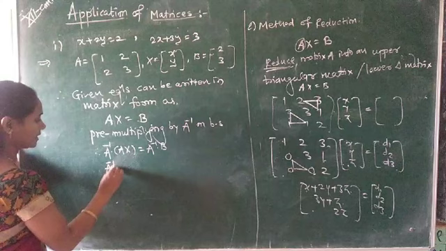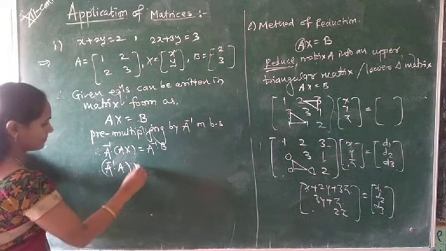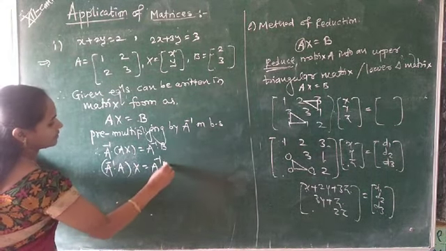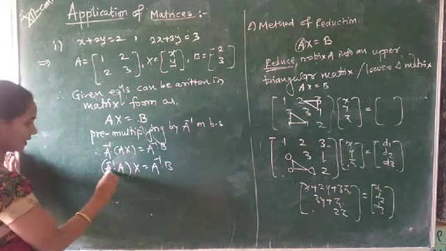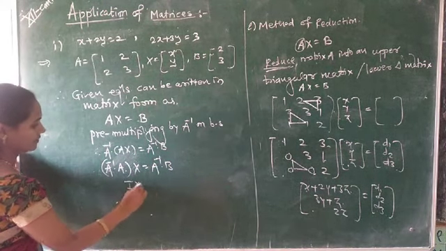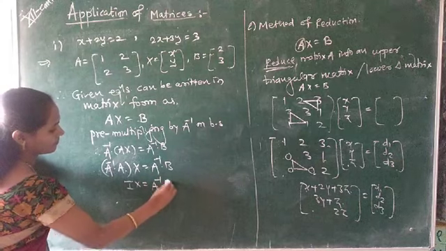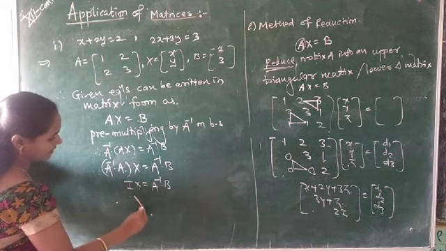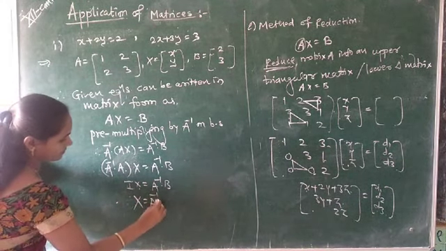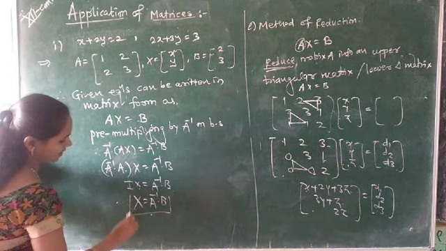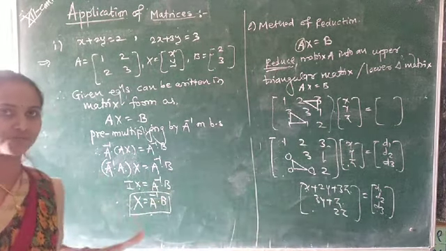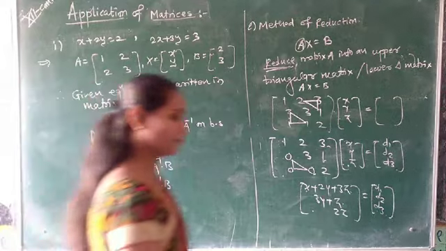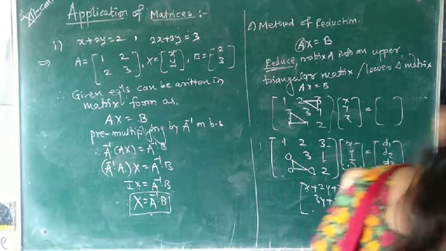Now take this A outside: A inverse into A is identity, so I into X, that is X. X is equal to A inverse into B. So first we find A inverse.